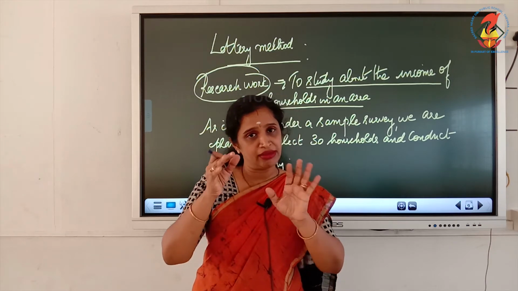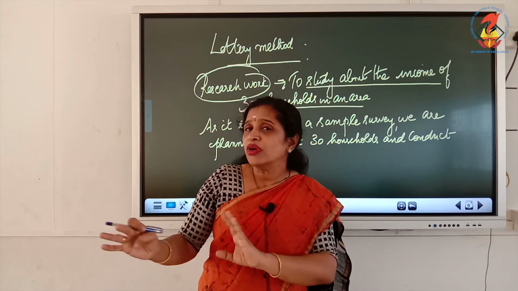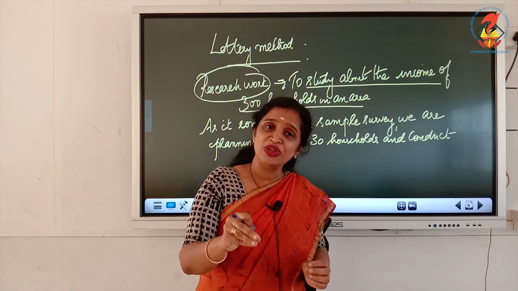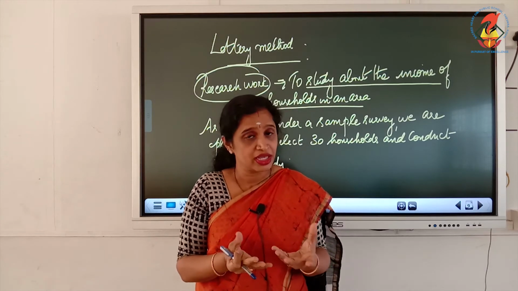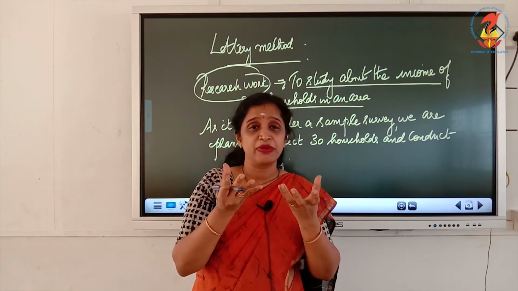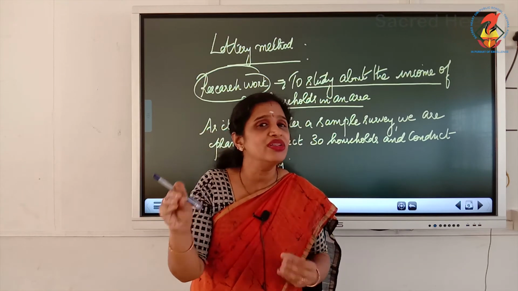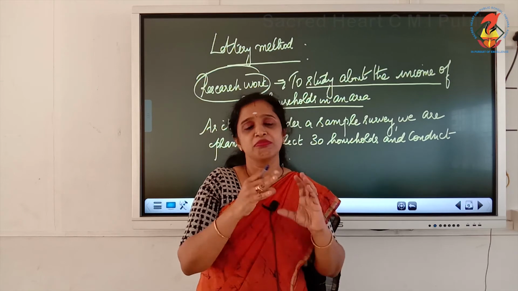You will cut and fold those papers individually, and put all those papers in that bottle. Right? So in the bottle, how many papers have you folded? All the 300, the names of all the 300 households will be there in that bottle.